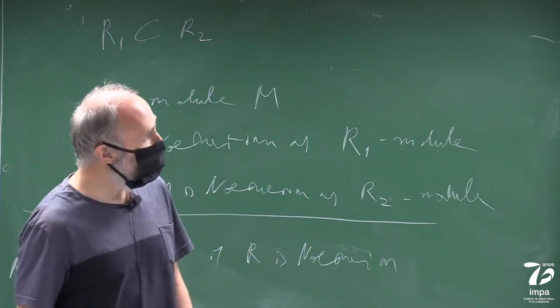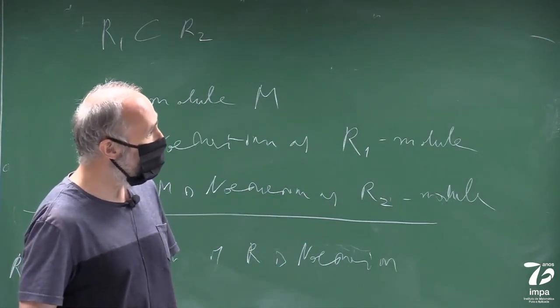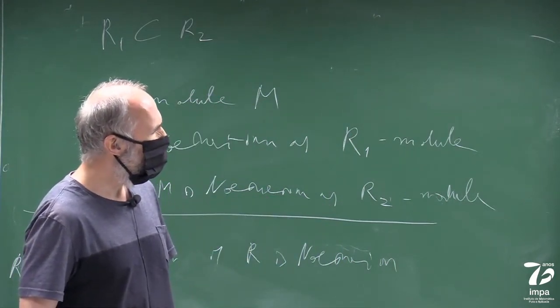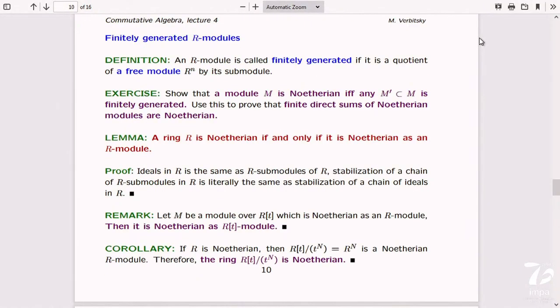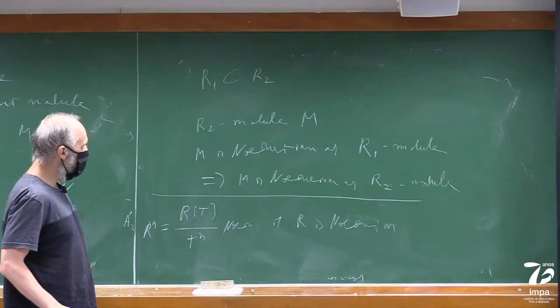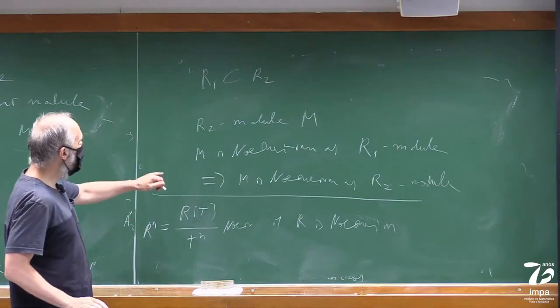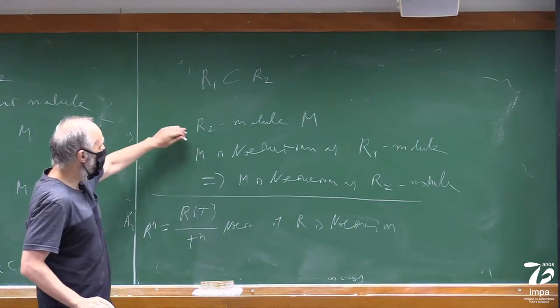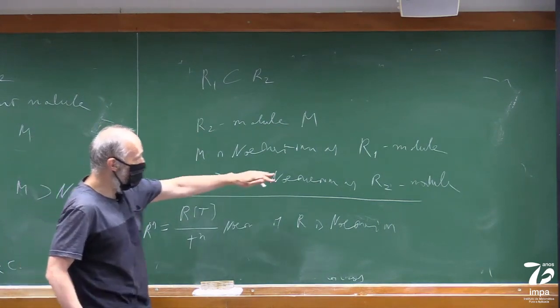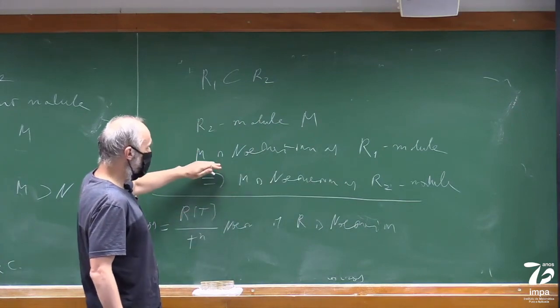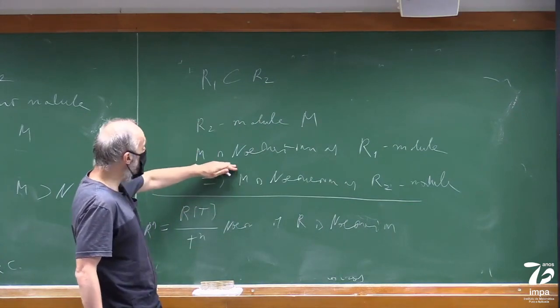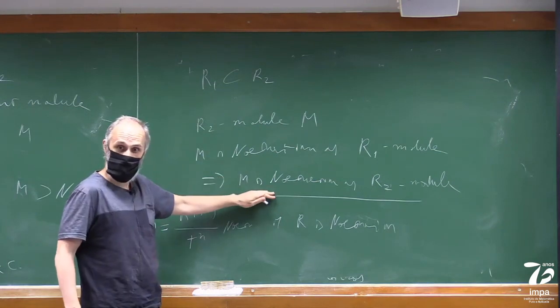So now I'm almost ready to start the proof. Yeah, and you have an R2-module. You consider it as an R1-module. If it is Noetherian as an R1-module for the smaller ring, it's Noetherian for the bigger ring.